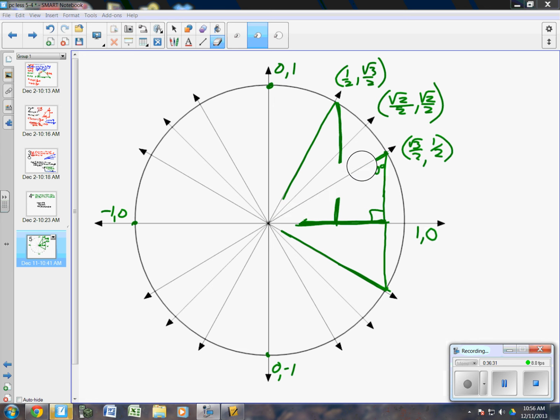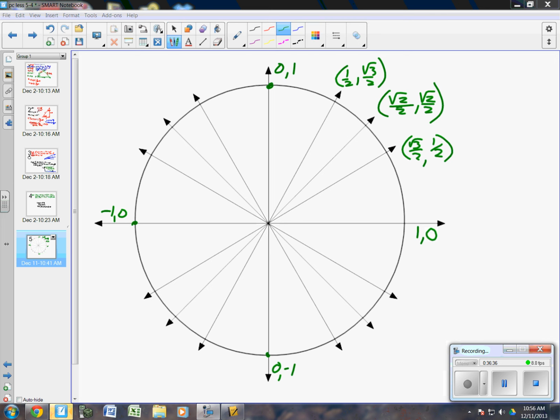Now I'm going to erase this part right here. Now everything is a reflection. I'm going to draw this in right here. This one reflects over to this one, and this one reflects to this one. The only difference is my x numbers are going which way?